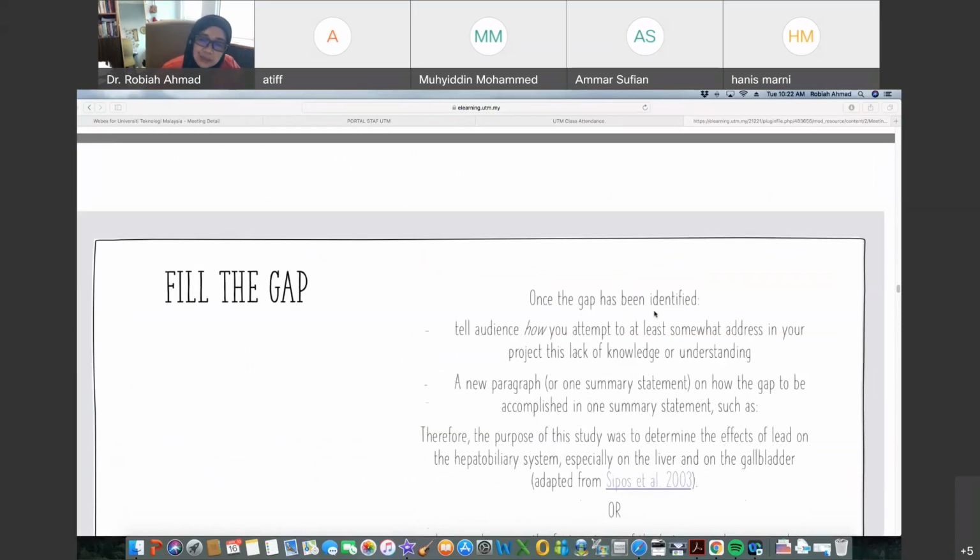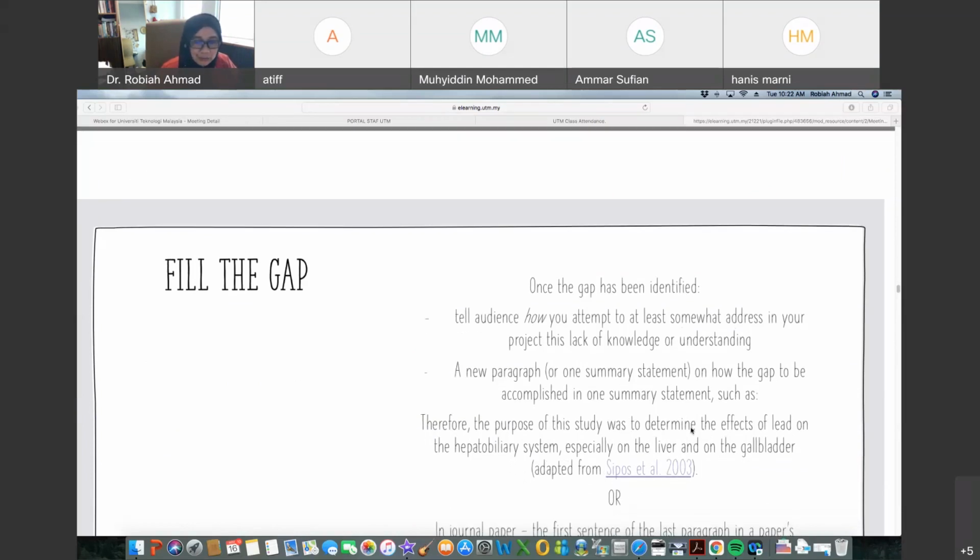Once the gap has been identified, tell the audience how you attempt to at least somewhat address it in your project. Okay, a new paragraph or sometimes one statement on how the gap is to be accomplished. Therefore, the purpose of the study is to determine the effect of lead on the hepatobiliary system, especially on the liver and on the gallbladder.